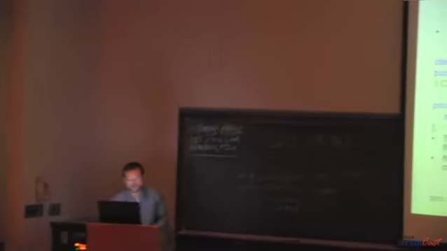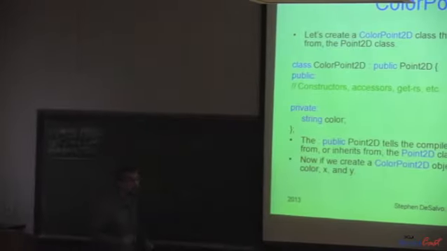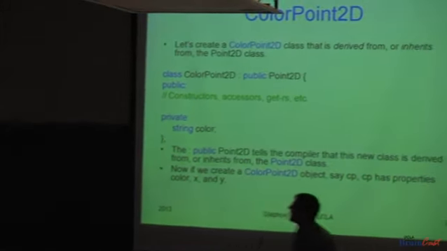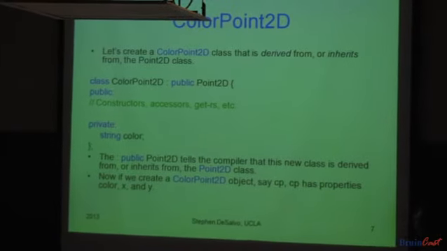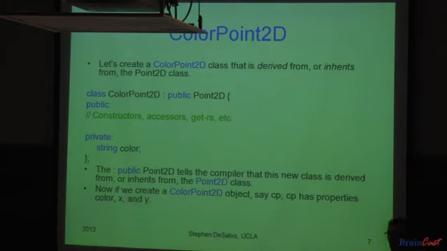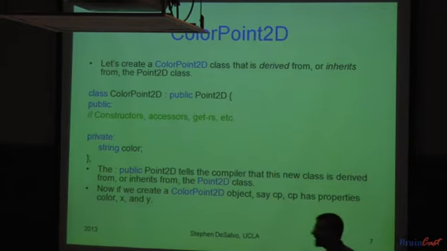So here's how we do it in code, and this is where we'll start out on Friday. You create a ColorPoint2D class that is derived from, or inherits from, the Point2D class. So what does that mean? It means first you write class ColorPoint2D. That's nothing new. Then you write colon public Point2D.